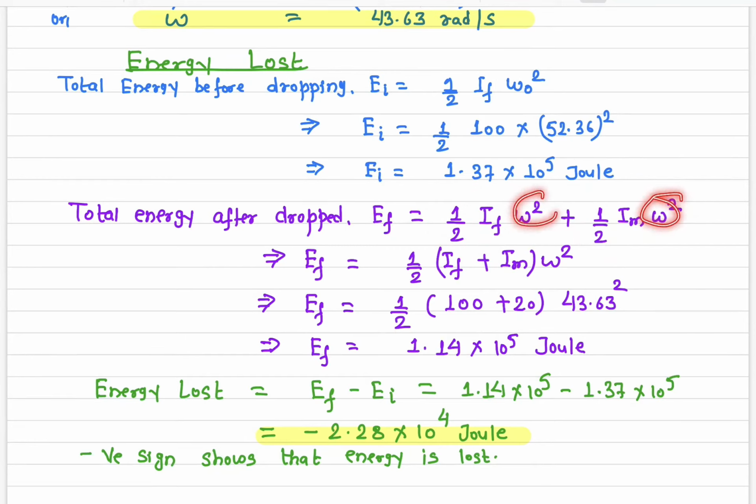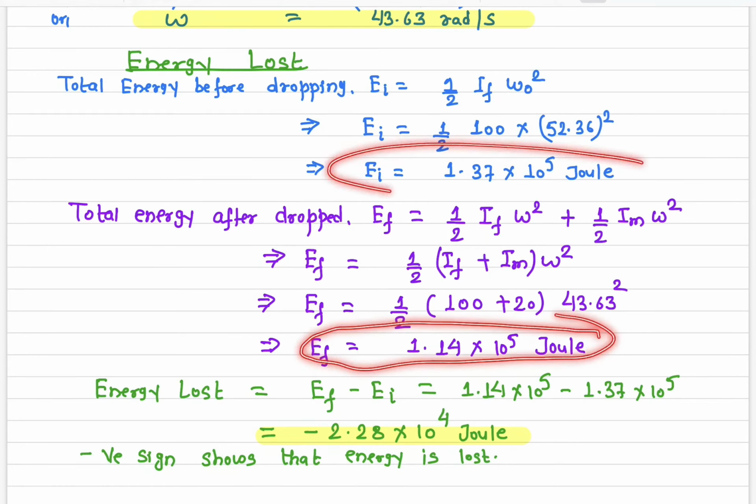Omega squared is the same in both parts, so I'm just taking it out, and the moments of inertia are added together. The moment of inertia of the flywheel is 100, this is 20, and omega we just calculated is 43.63. Plugging in all the values, this is my final energy, and this is my initial energy.